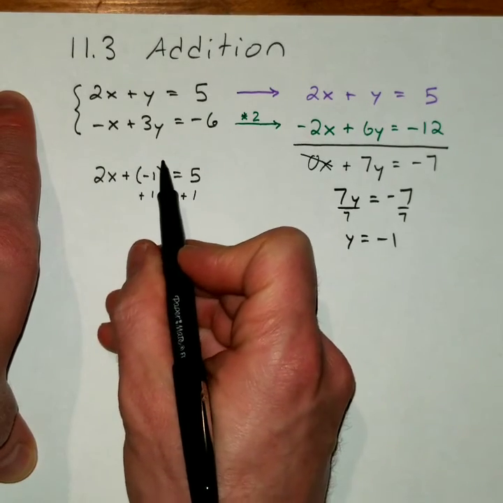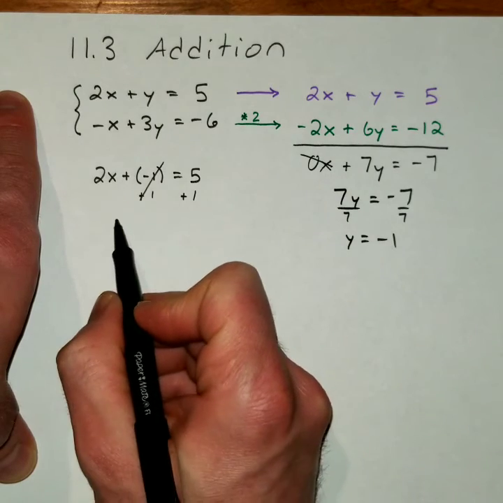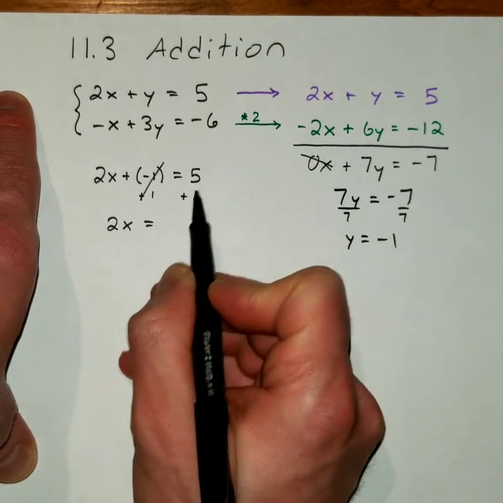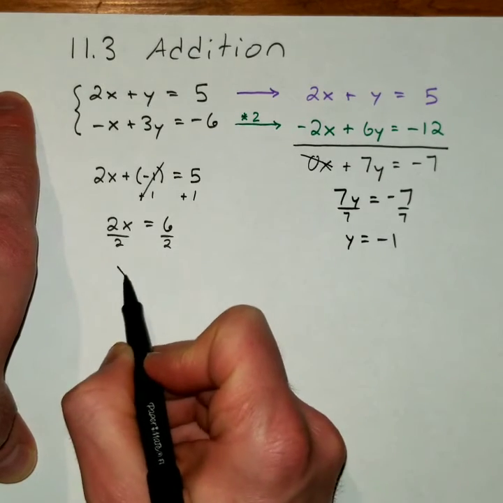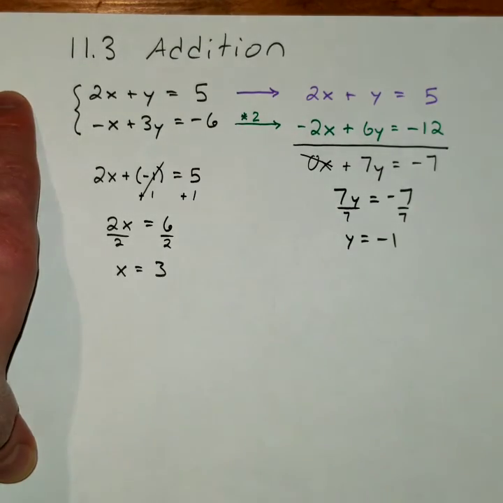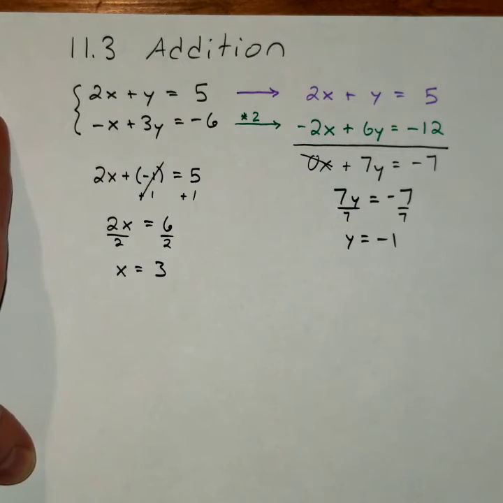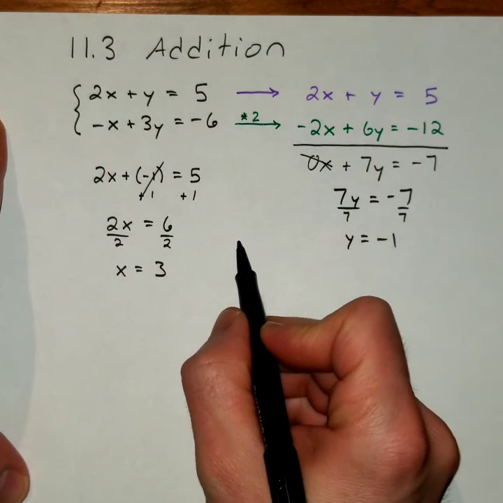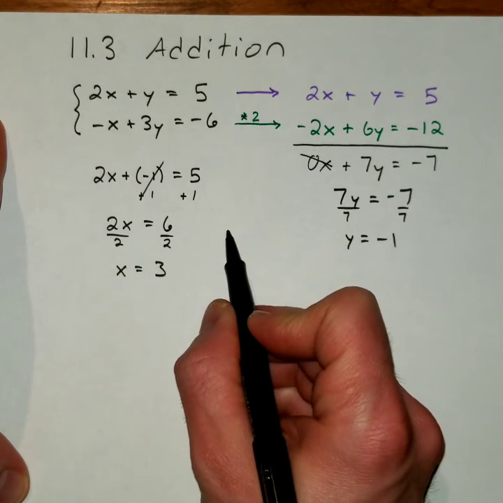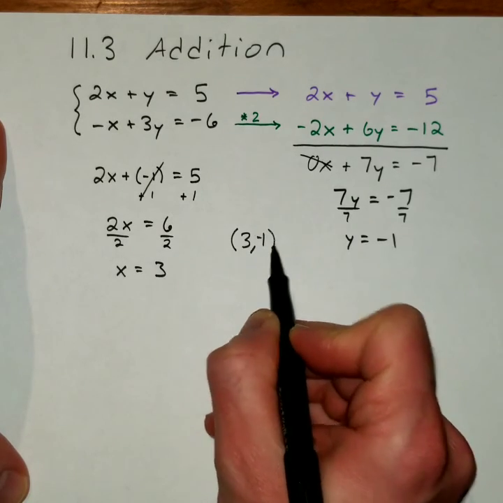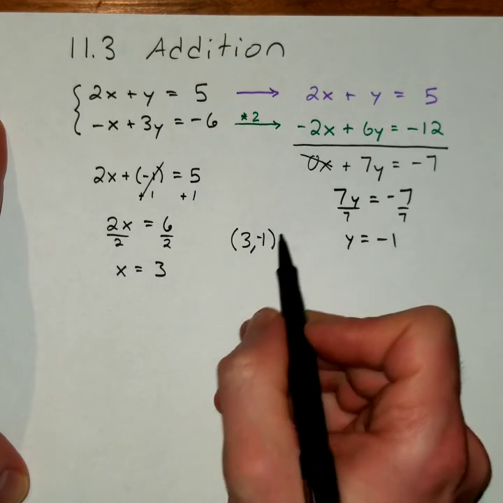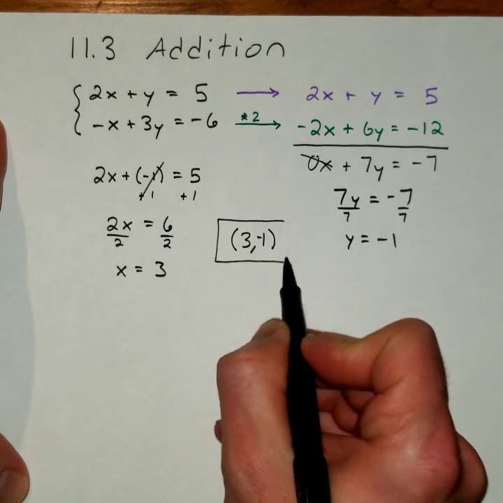That will zero out the 1 on the left. 2x is equal to 6, and when I divide out the 2, I'm left with x equal to 3. Okay, so now I have both the x and y values, and of course my final answer needs to be in ordered pair form. So I have 3, -1 as my ordered pair.